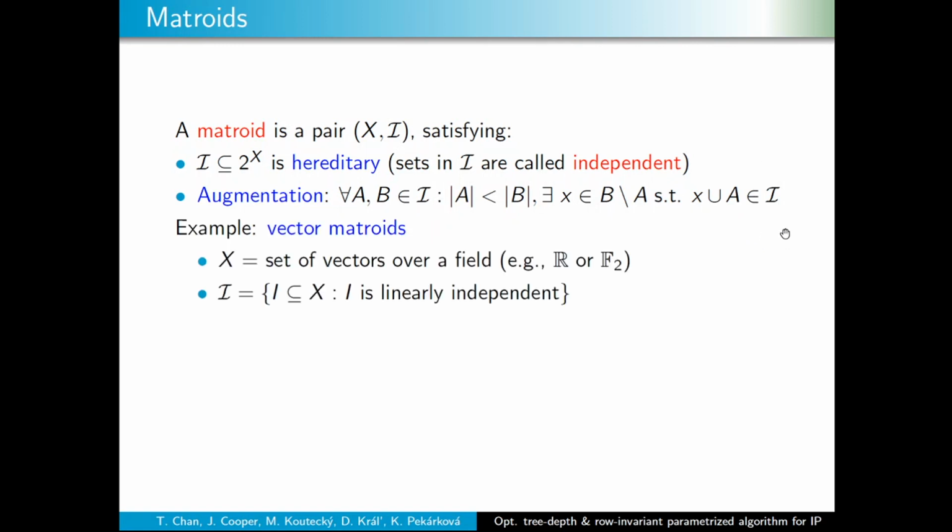So let's have a look at a few examples of matroids, just to make this a bit clearer in our heads. We have vector matroids, for example.